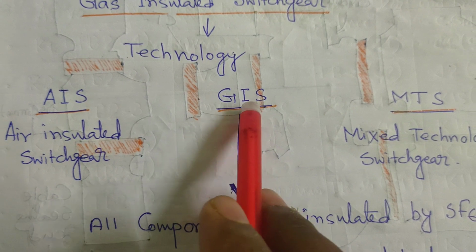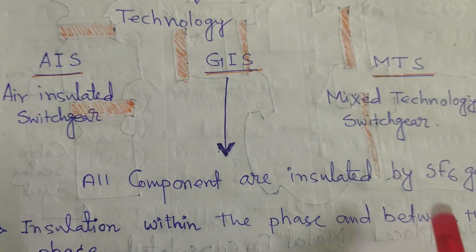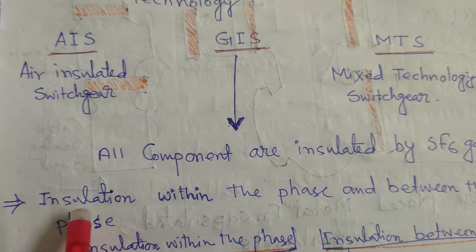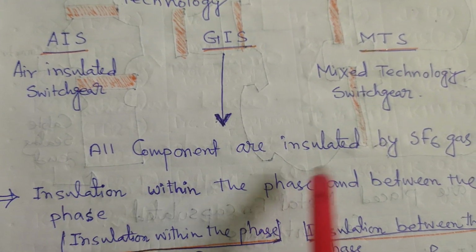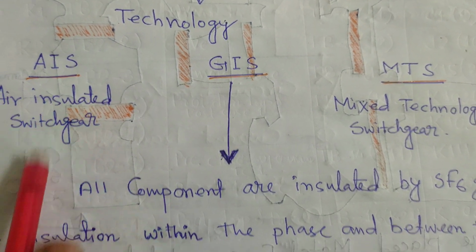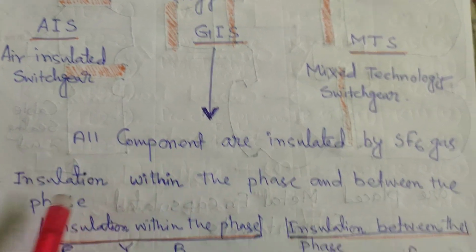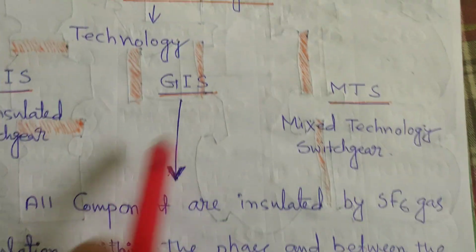GIS, gas insulated switchgear substations: all components are insulated by SF6 gas, insulation within the phase and between the phases. This is the main funda.